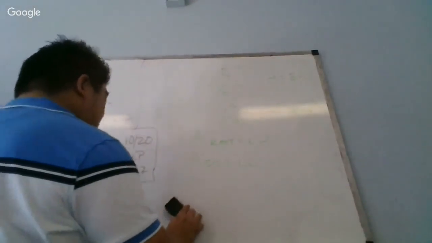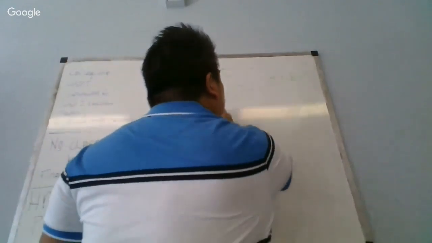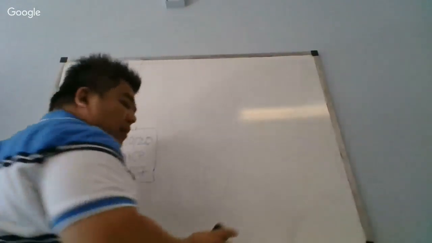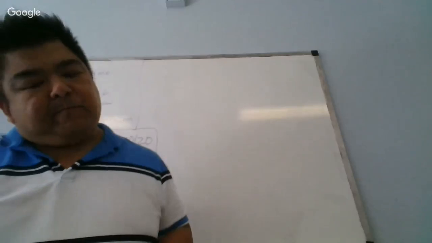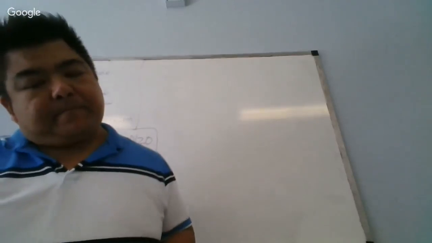Marcus, you want to read this about the satin ribbon? Satin ribbon is used to trim the edges of a rectangular quilt. The length of the quilt is 2 times the width. If 15 feet of the ribbon are required to trim the quilt, what is the quilt's length in feet? Okay, what would you do here? So would the width be 15? Hold on a second.